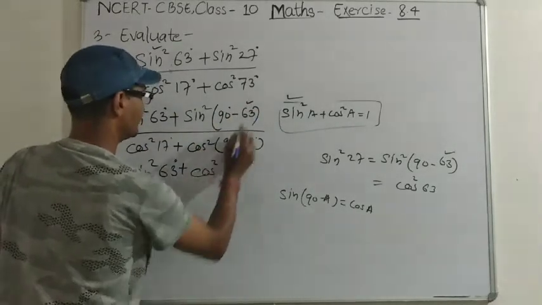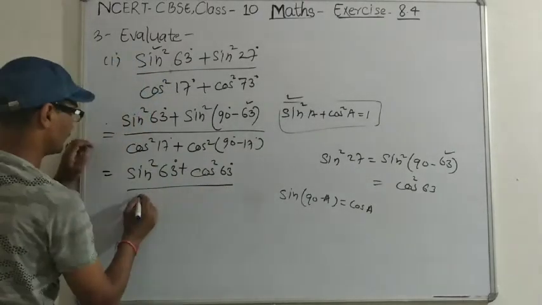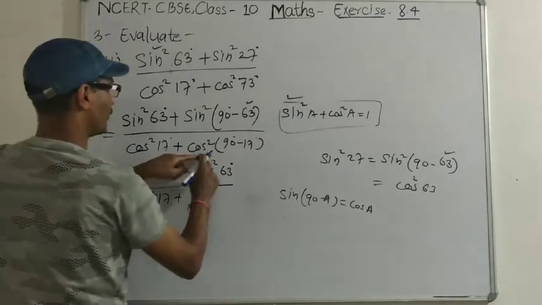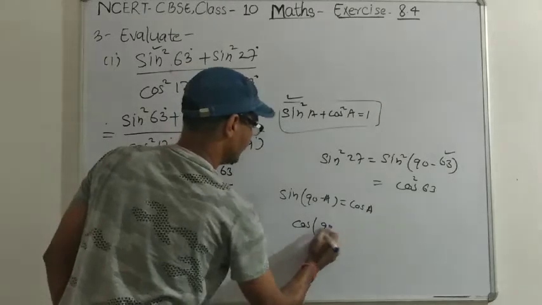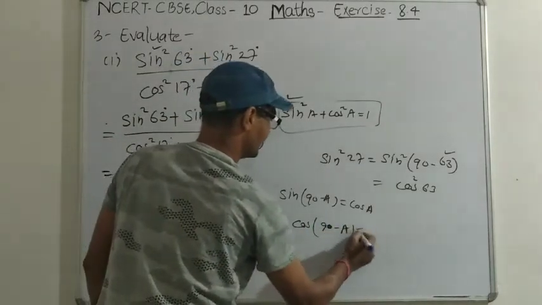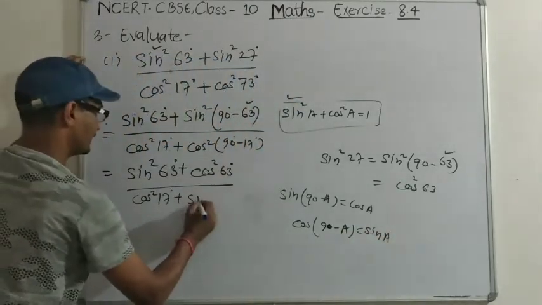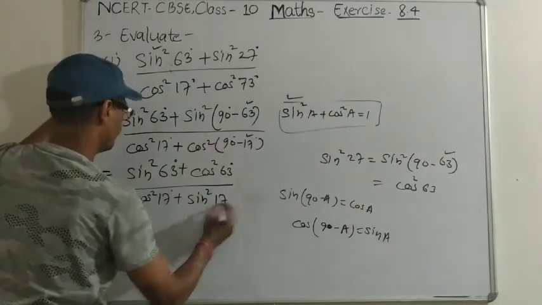So put A as 63 degree, giving cos square 63 degree, over cos square 17 degree plus cos (90 minus A), which is sin A. You have written in the previous exercise that cos (90 minus A) becomes sin A. So it is sin square, where A is 17.